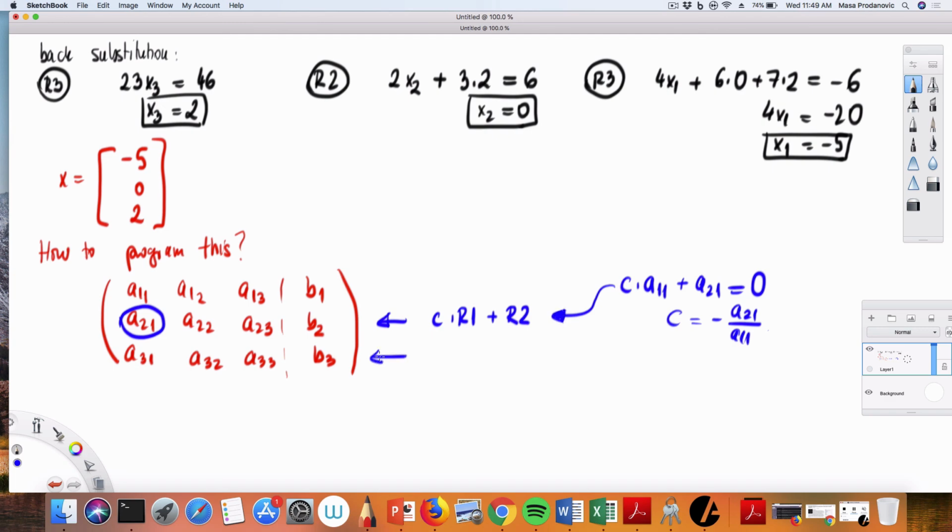What about the third one? So maybe I should call this C2, if you will. So what is my C3 times R1 plus R3? What is my C3? Give me half a minute or answer it quickly. Again, this C3 times A11 plus A31 has to be 0, right?